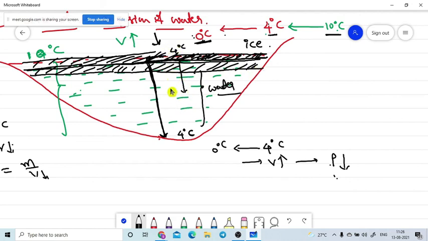If you supply a lower temperature to the river, it will cool down from the top surface. It is creating the solid layer from the top surface.